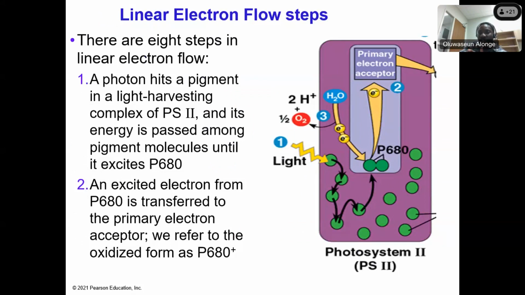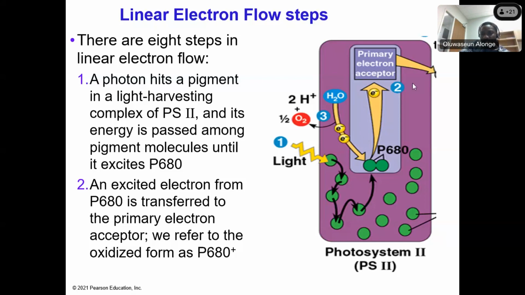It's showing you the linear flow of electrons from P680, which is PS2, to the primary electron acceptor and then transferred through the line up to the point that it gets to the P700. Then the electron from P700 goes to the electron acceptor, NADP plus. So there are 8 steps in the linear electron flow.